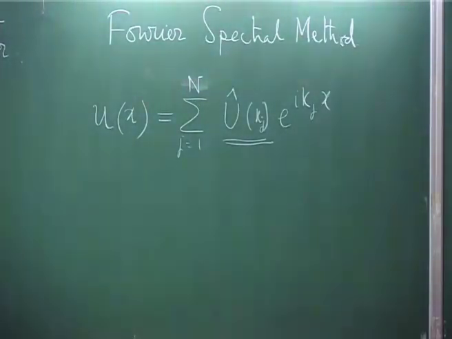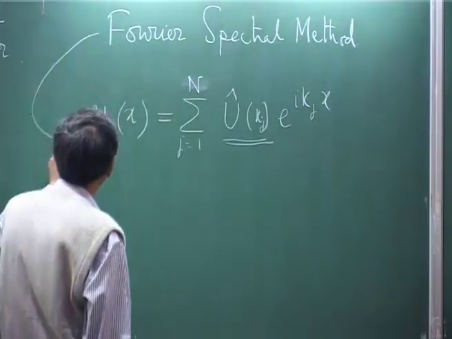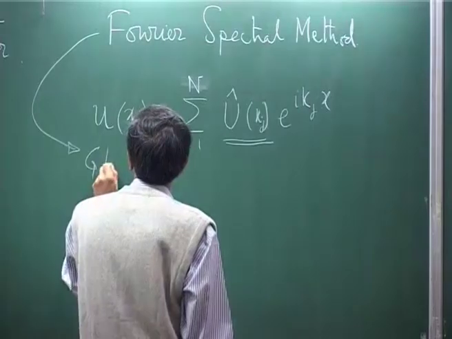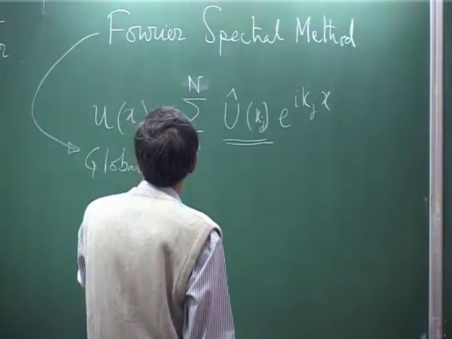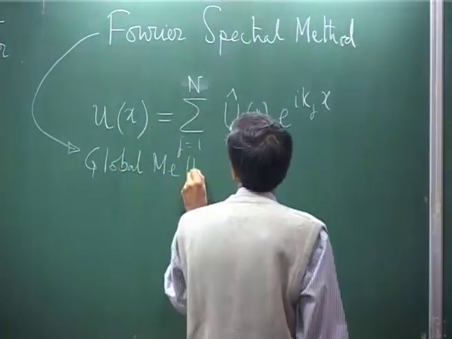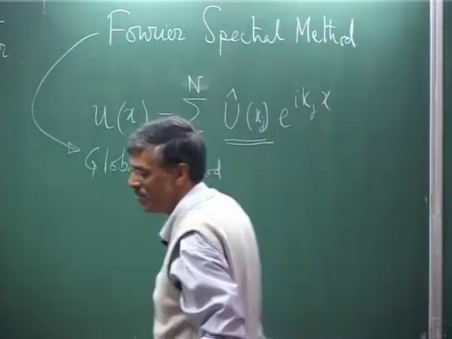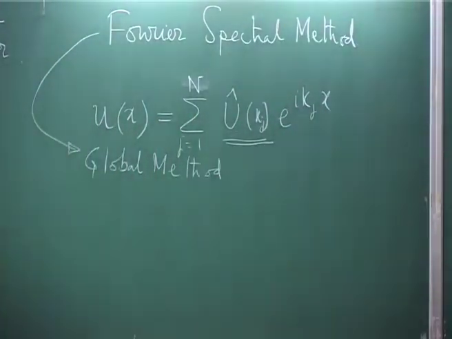What you notice in this global method, so this is a kind of global method. Why do we call it a global method? I will explain. A global method is one where if you make some kind of a change, then that effect is felt globally in the whole domain.